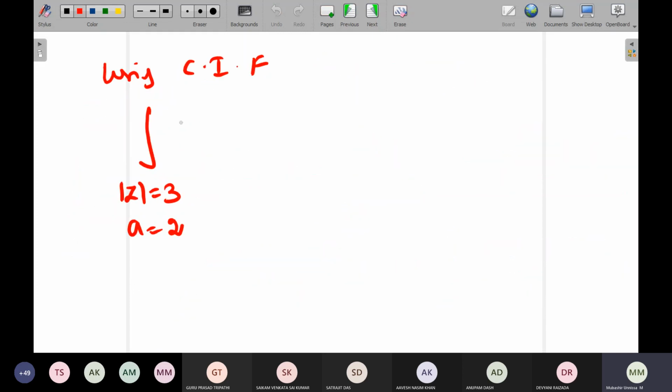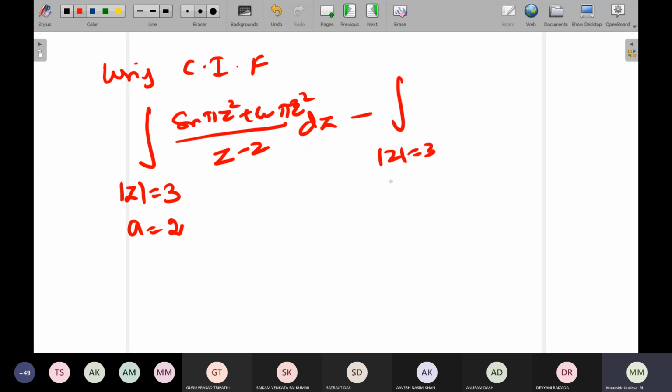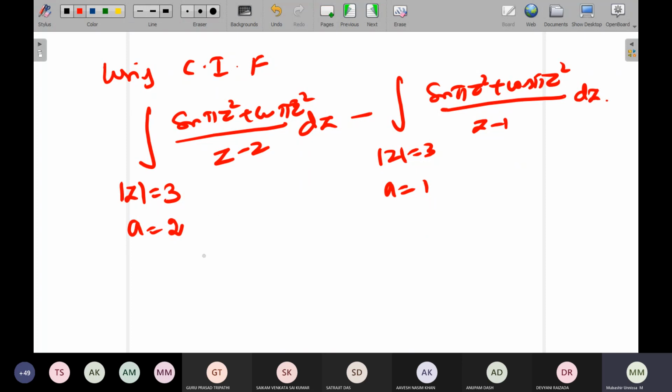So integral of (sin πz² + cos πz²) divided by (z − 2) dz, minus integral over mod z equals 3, where the point here is a = 1, (sin πz² + cos πz²) divided by (z − 1) dz. Now using Cauchy integral formula, I can write this as 2πi into f(2), and here also minus 2πi into f(1).